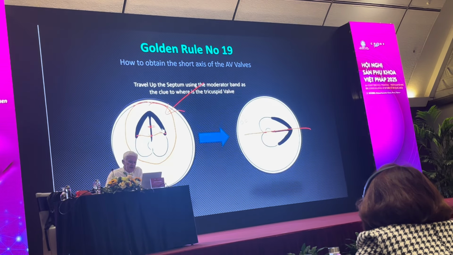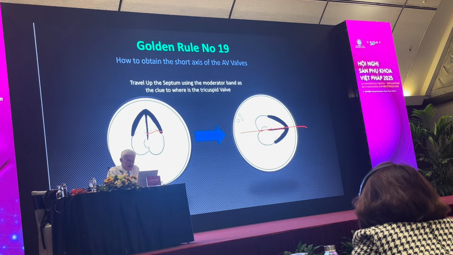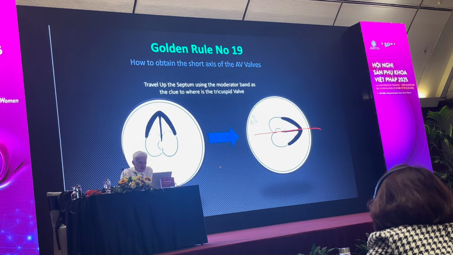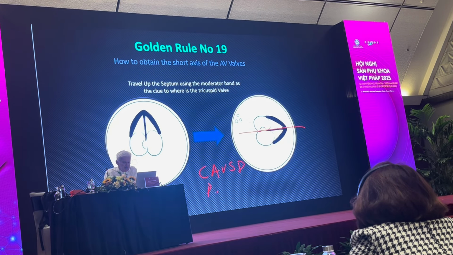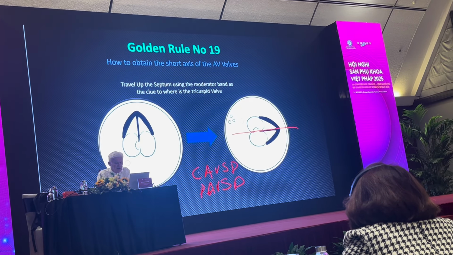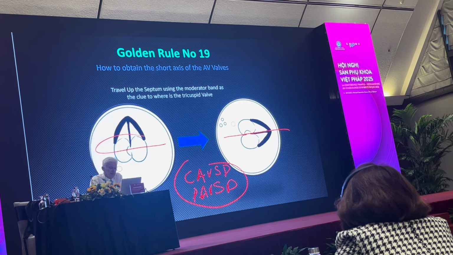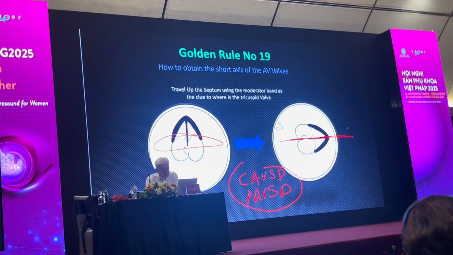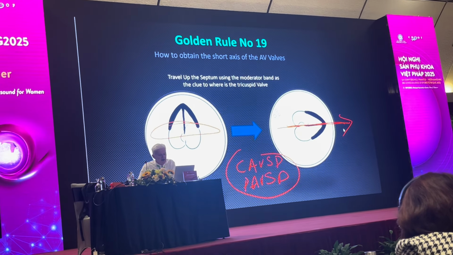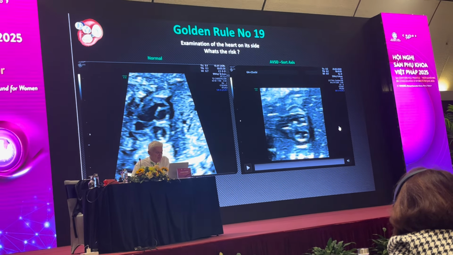The second rule is if you want to get a short axis view, if you want to work out whether it's a complete AV canal defect or whether it's a partial atrioventricular septal defect, you cannot tell with the baby in this position. You have to make the apex of the heart at 3 o'clock and 9 o'clock and then rotate your transducer.